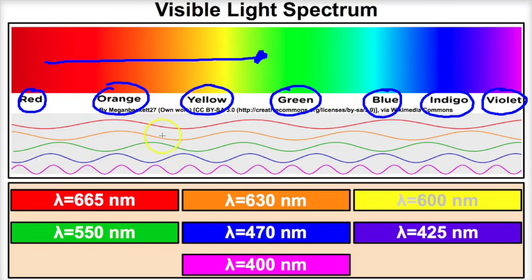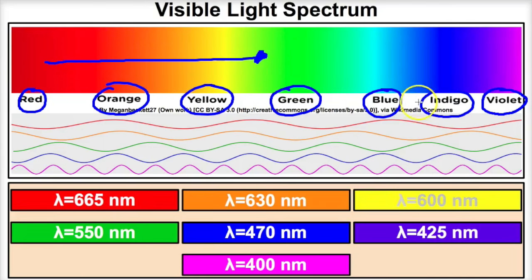For example, if you take a look at orange compared to green, compared to blue, the wavelengths get smaller, and the frequency is going to increase, and the energy in their photons is also going to increase. So red is very low frequency, very long wavelengths and very low energy, whereas violet over here is very high frequency, has high energy, and has very short wavelengths.